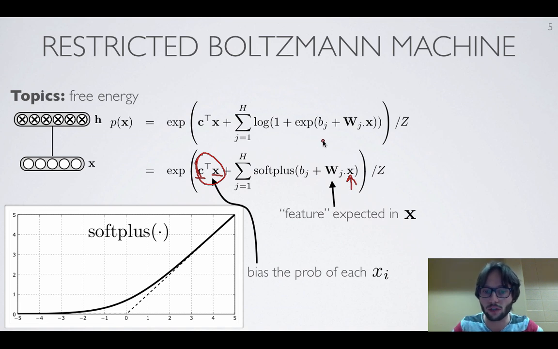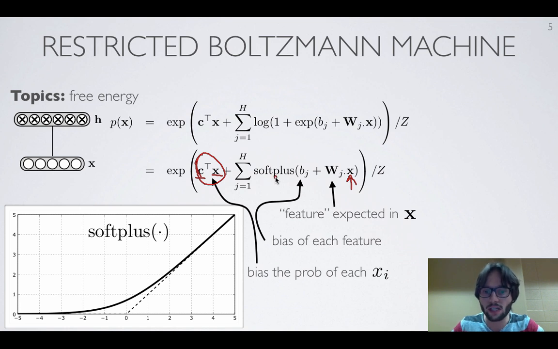So for a given hidden unit, if x is positive for the inputs to which the jth hidden unit is positively connected, and if it's 0 for the other input neurons to which it's negatively connected, then this has a chance of being bigger. And then we have the bias of the hidden unit, which essentially controls how big this needs to be for the soft plus to be much bigger than 0.